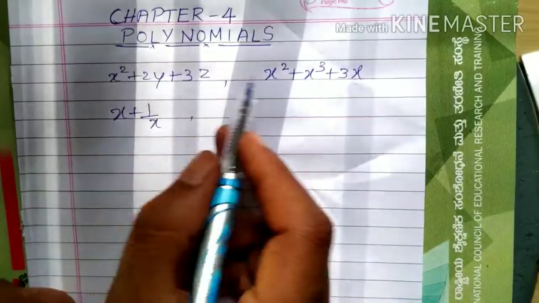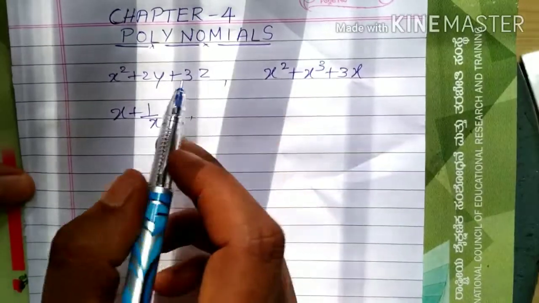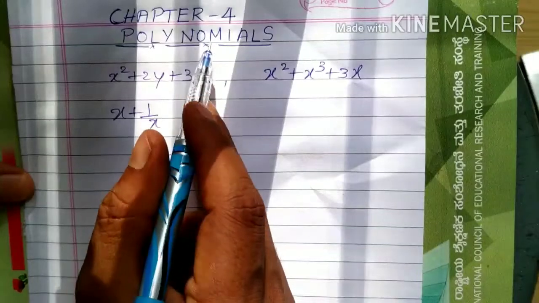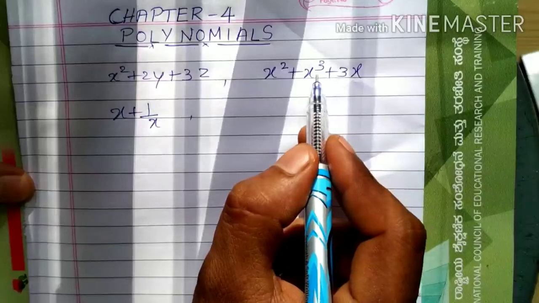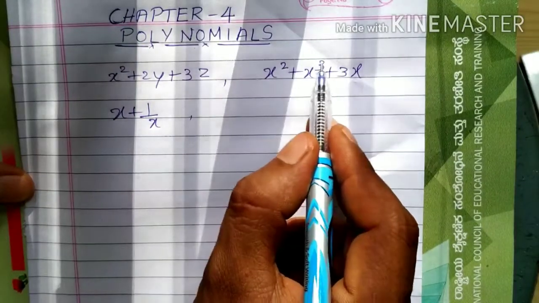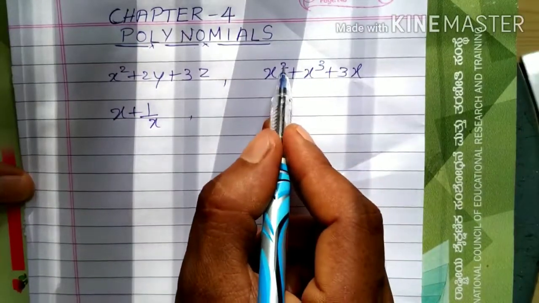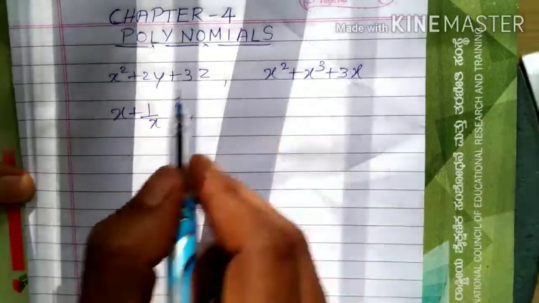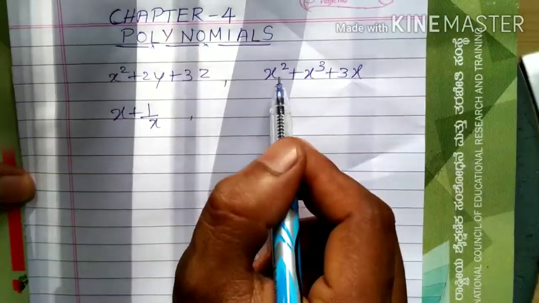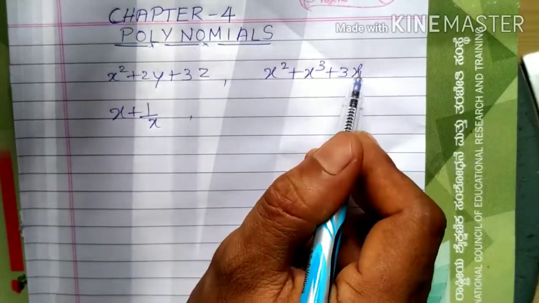So these kinds of algebraic expressions are said to be polynomials if the index, the power of the variable, is always a whole number. You should not get negative numbers; in that case you call them polynomials.